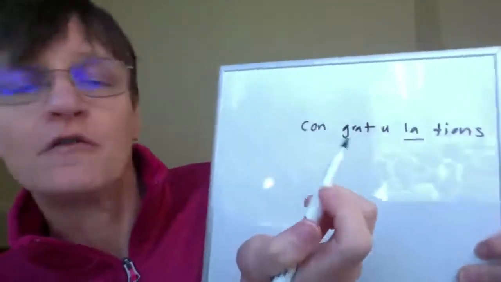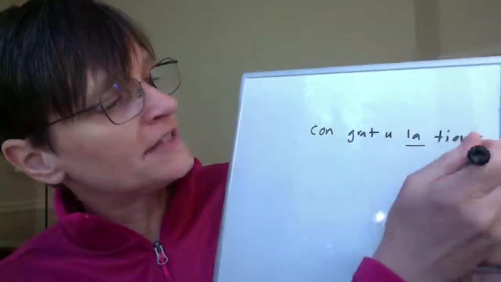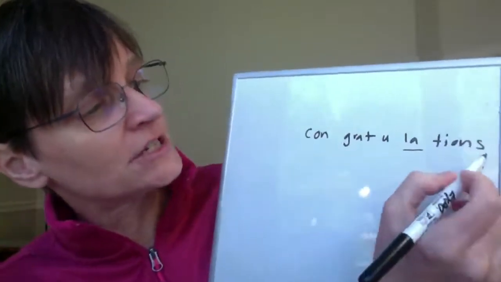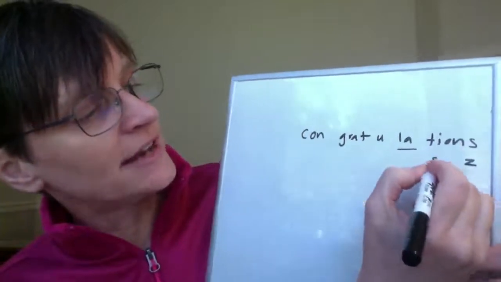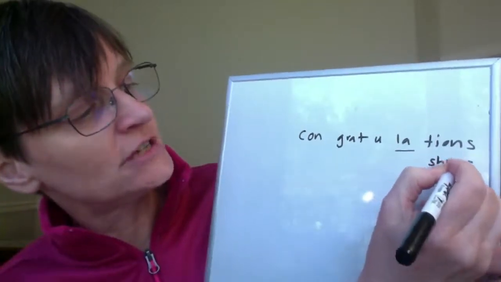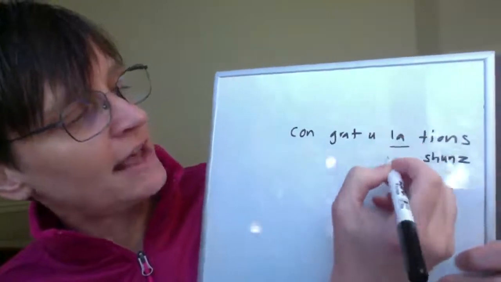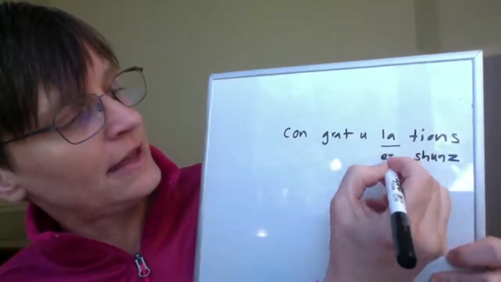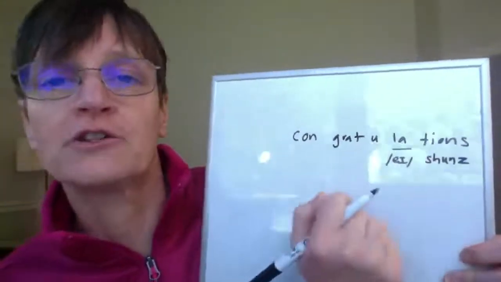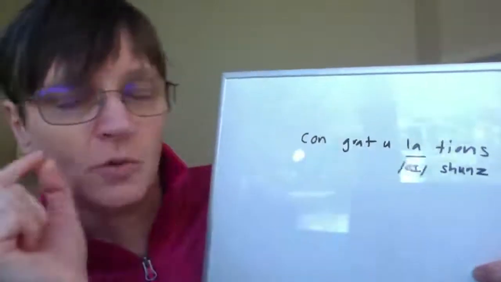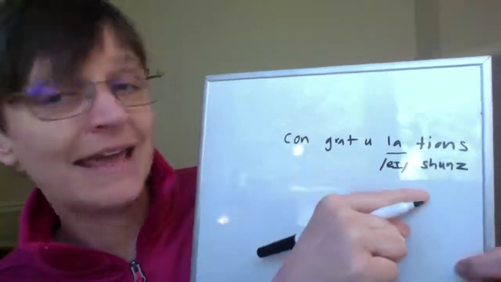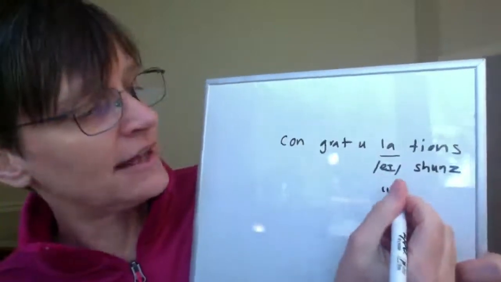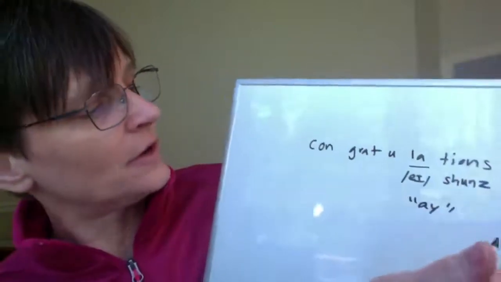And things to watch out for in this word: we have a Z sound at the end, congratulations. This T-I-O-N sounds like an SH, congratulations. This A is the vowel A. We want to make sure that's nice and long. You don't want to be too closed off or use just one vowel A. You want to say A, sounds like this, A, in that word.